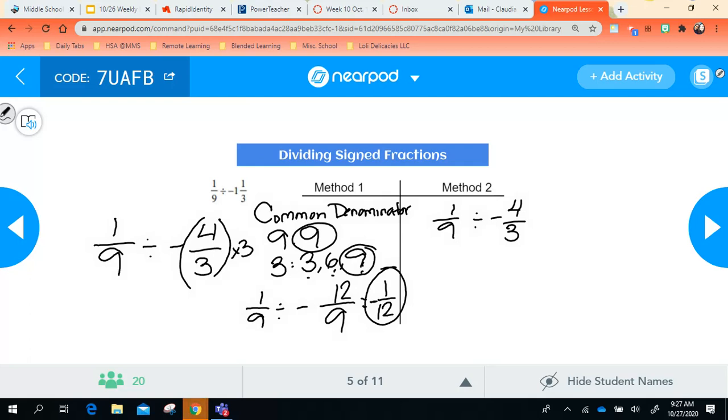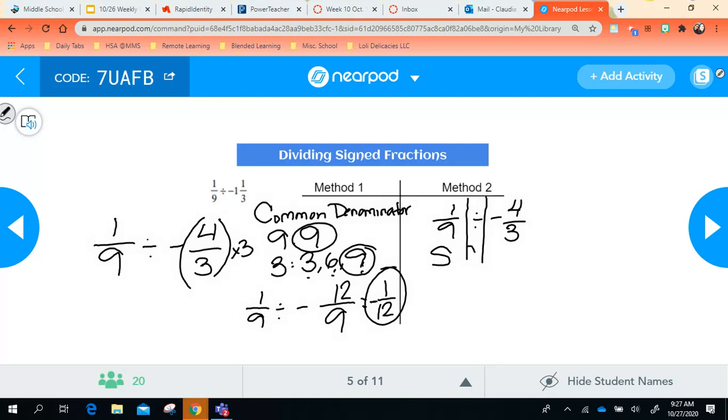So this one is kind of like when we did our changing subtraction. But I like to teach both anyway. So when we do our second method, 1/9 stays the same. Our division is going to change to, what's the opposite of division?